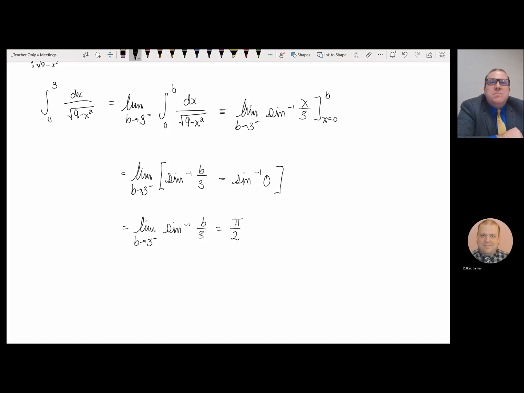So what is the limit as B approaches 3 from the left of B over 3? It's 1, by substitution. So it's the inverse sine of 1, which is pi/2. That's the mathematical explanation of what we're doing. In practice, just plug in 3 and see what you get.